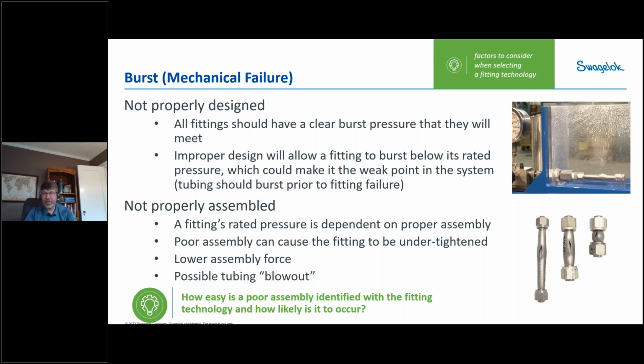Of course, you can check to see if these fittings were properly made. So the factor we're looking at here is it possible or is it easy to determine or identify if the assembly was properly done? And also how easy is it to properly make up that fitting?